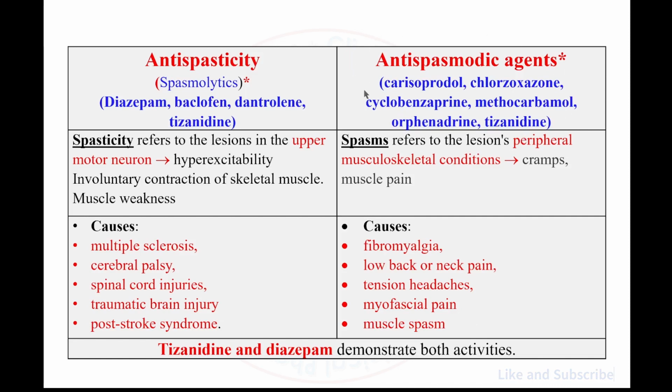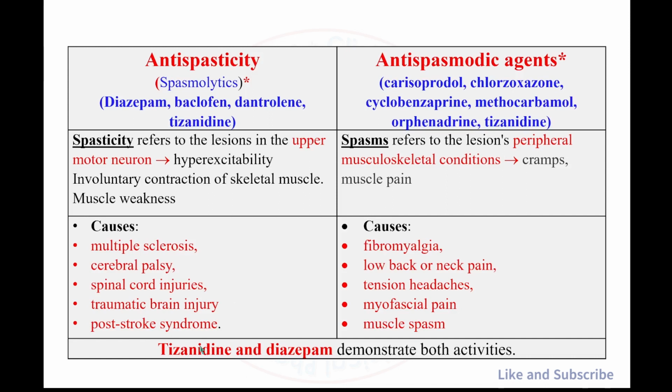We have a list of medications, considered antispasmodic: Carisoprodol, chlorzoxazone, cyclobenzaprine, orphenadrine, and tizanidine. This group of medications, Carisoprodol, cyclobenzaprine, and tizanidine, is used for peripheral musculoskeletal conditions such as fibromyalgia, neck pain, low back pain, headaches, myofascial spasm, and muscle spasm.